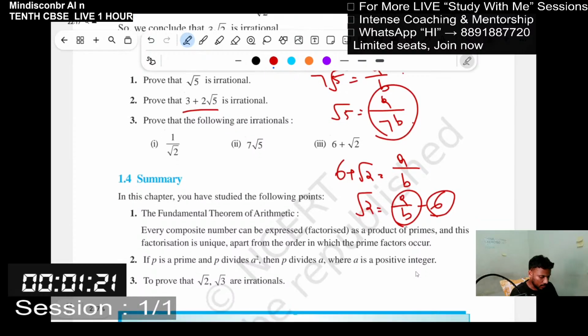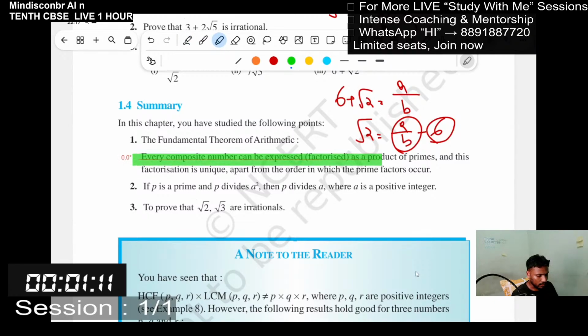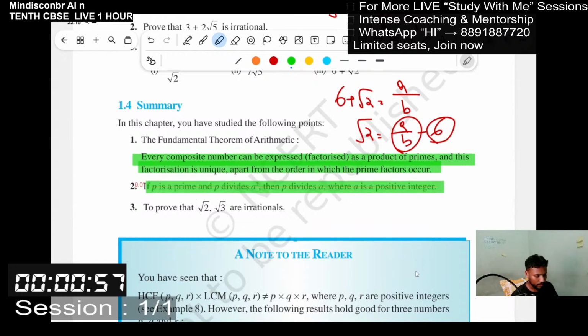Then there is the summary provided at the end. The fundamental theorem of arithmetic: every composite number can be expressed as a product of primes, and this factorization is unique apart from the order in which the prime factors occur. If p is a prime and p divides a square, then p divides a, where a is a positive integer.